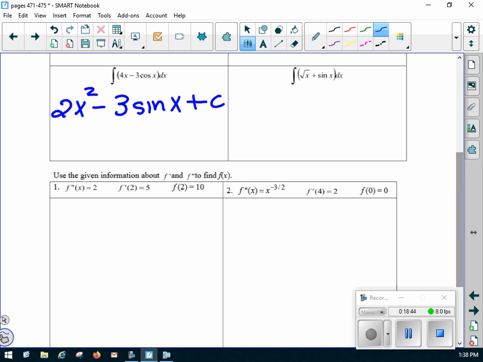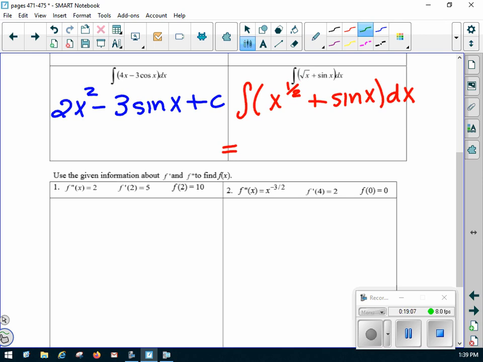What about that lower right corner there? Integral of square root x plus sine x dx. Where are you getting a 2/3? Because I'm going to rewrite this as x to the 1/2 plus sine x dx.